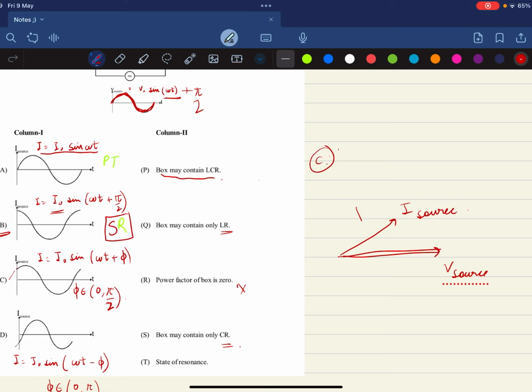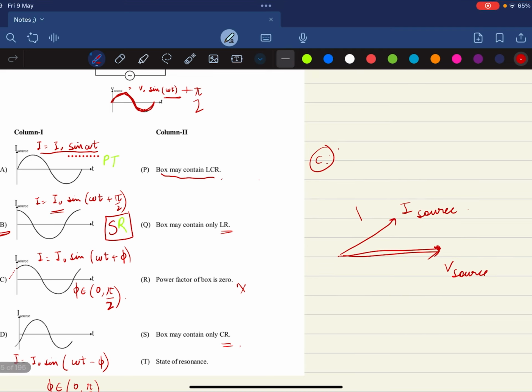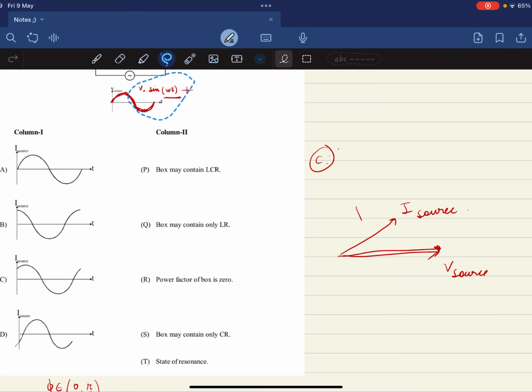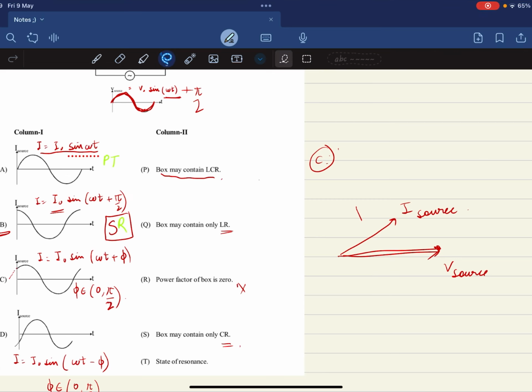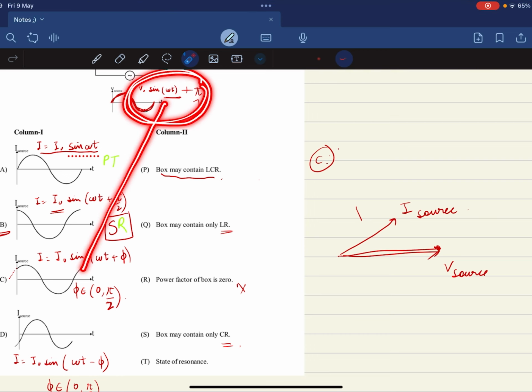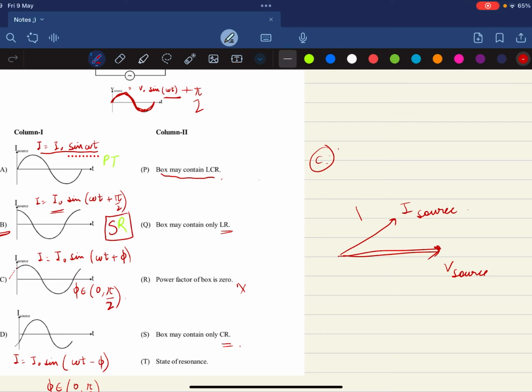This is the V source and this is the I source. Why? Because we had to add to the phasor of voltage to get to the I source. We have to add some theta here, some phi here to get to the I source. So I source is ahead of V source.